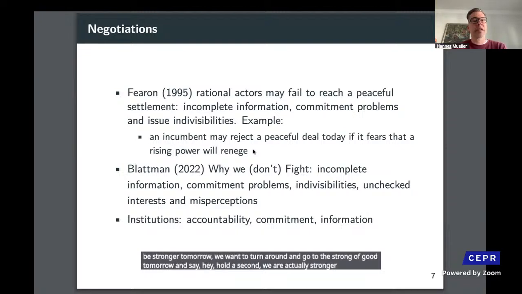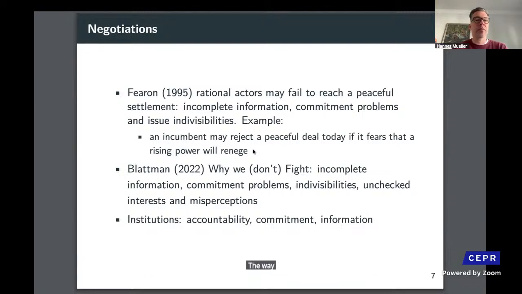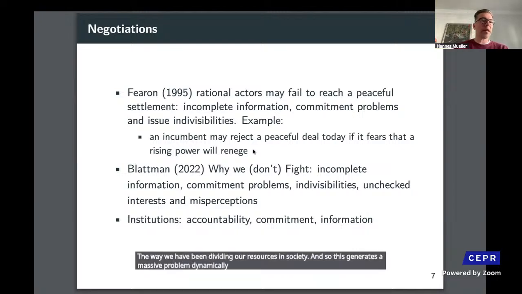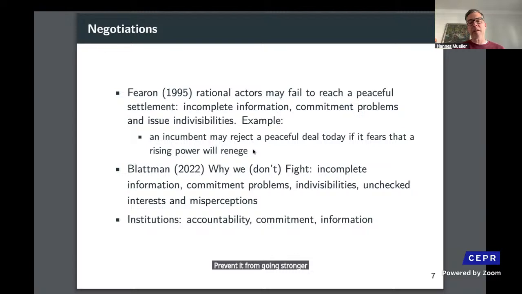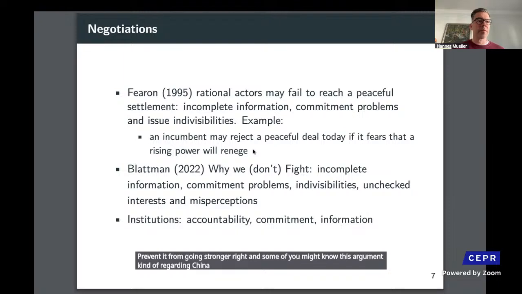We want to renegotiate the way we have been dividing our resources in society. And so this generates a massive problem dynamically, because the strong group today has an incentive to attack the weak group today violently to finish it off or prevent it from growing stronger, right? And some of you might know this argument regarding China and US relationships, right? This is a classic thing in international politics as well, but of course it also holds within countries.